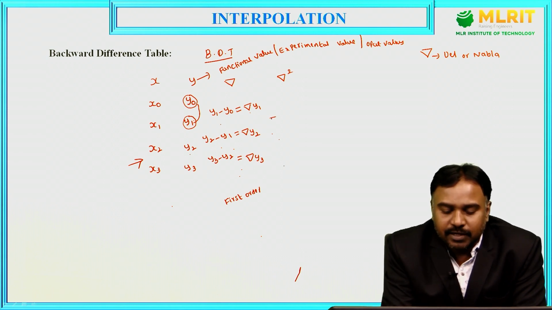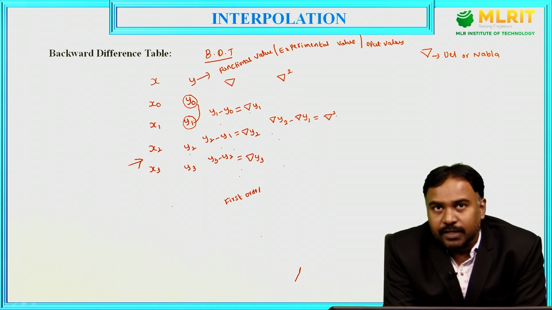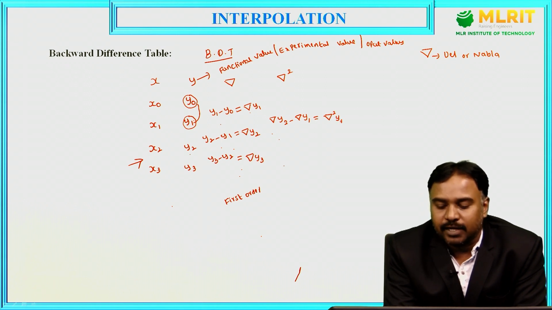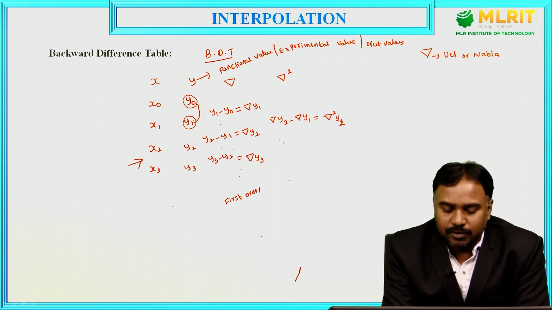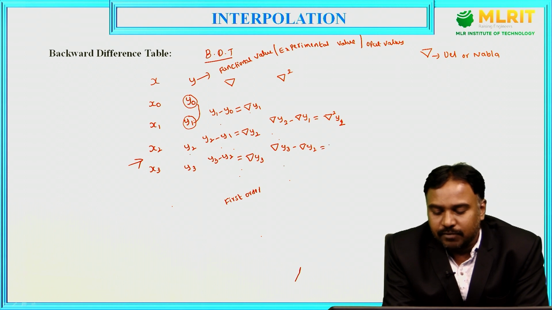Similarly, we can find the second order differences, the difference of the first order differences. So del y2 minus del y1, which can be written as del square y2. Then del y3 minus del y2 equals del square y3.